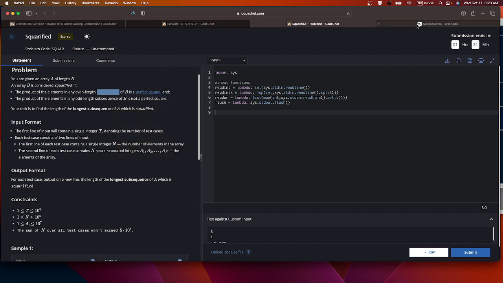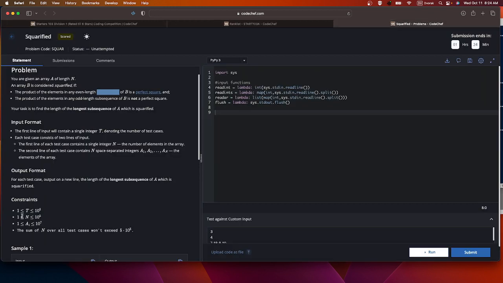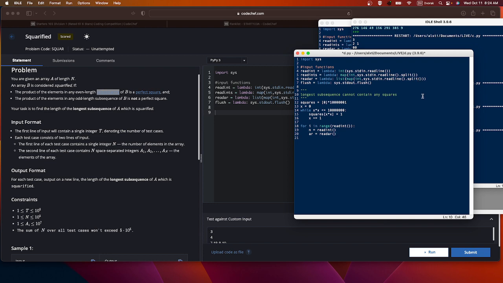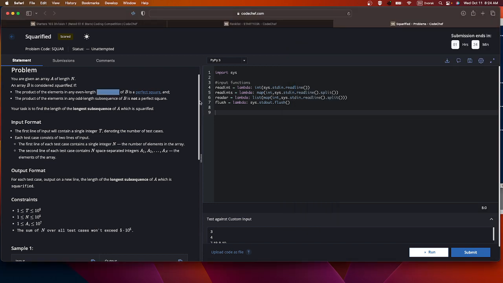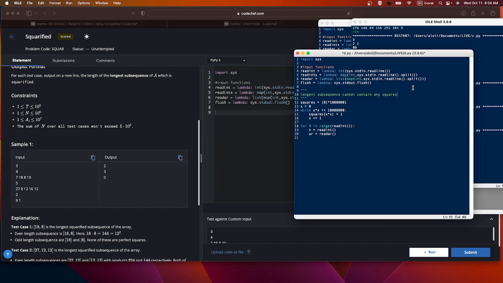Okay, wait, there's another thing we have to consider. It's a subsequence, not subsegment. That's one of the really big things we need to consider. So immediately what we can do is PR equals this.